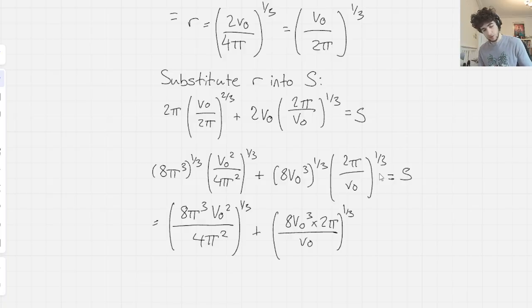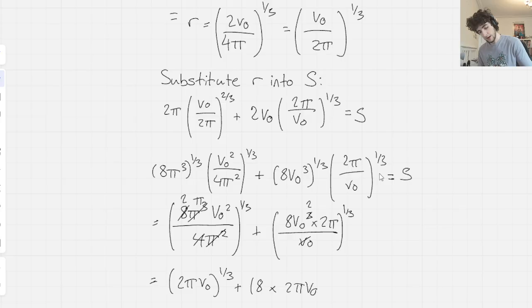So obviously we can simplify most of this. We can cancel the 8 with the 4, pi cubed with pi squared, and that just gives us a pi. So in that first bracket, I just get 2 pi v naught squared to the power of a third. In that second bracket, I can cancel out a v naught, so I get v naught squared. And so in that bracket, I get add 8 times 2 pi v naught squared to the power of a third, right?